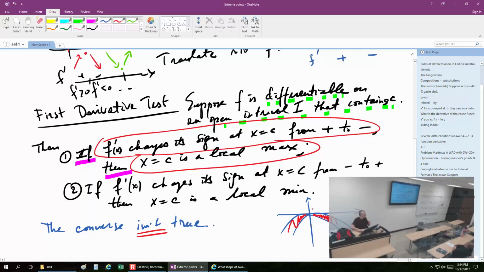Between two parabolas, we have a squeeze function that oscillates infinitely many times. So there is no doubt that this is a maximum point, right? Because the rest of the graph lies below the x-axis, so it's a maximum.